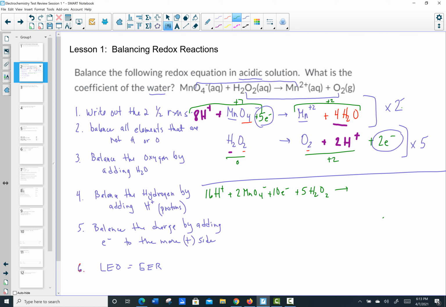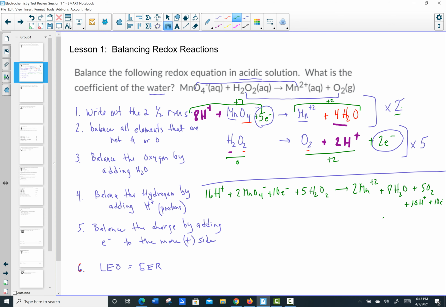Let's do the product side next. In the first half reaction, 2 times 1, we have 2 units of the manganese +2 ion, plus 2 times 4 is 8 waters, plus, now down to the second half, 5 times 1 is 5 oxygens, plus 5 times 2 is 10 hydrogens, plus 5 times 2 is 10 electrons.